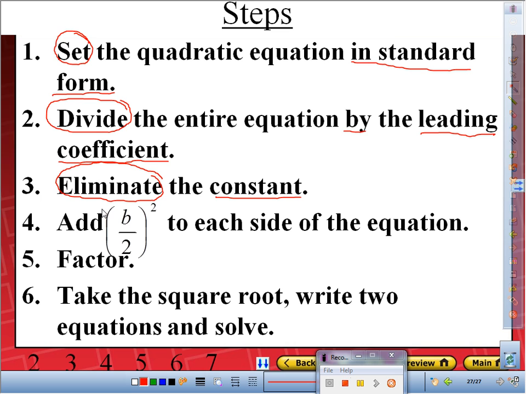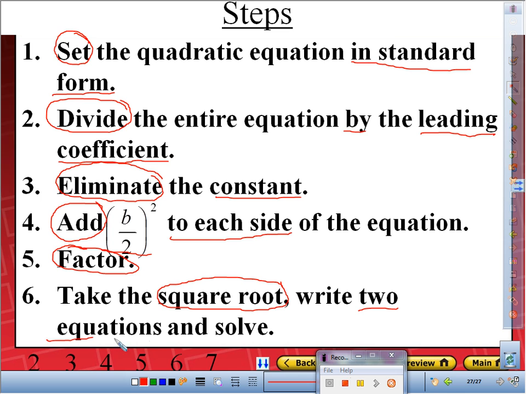Step 4, add b over 2 squared to each side. Number 5, factor. Number 6, square root.